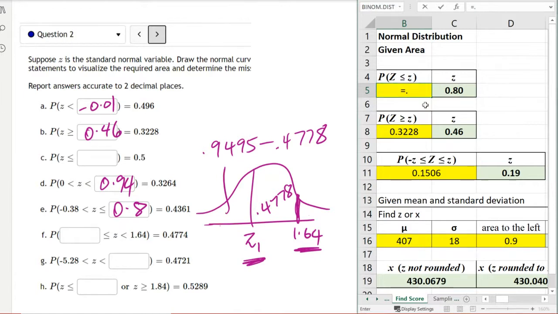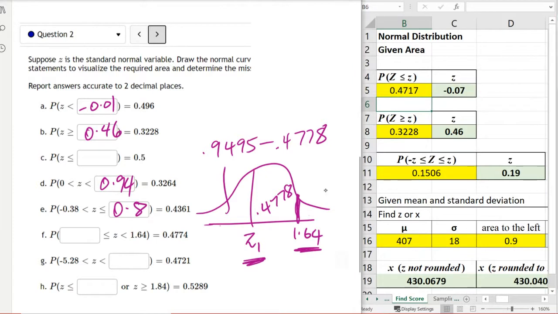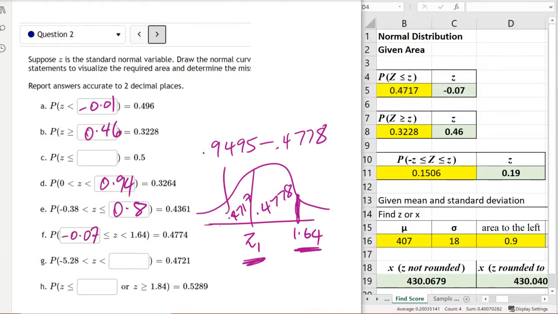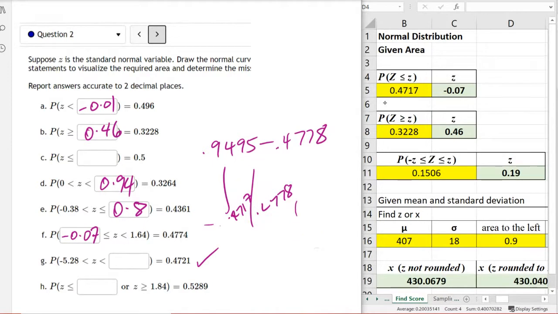So it's going to be 0.9495 minus 0.4778. And that will give us 0.4717. Okay, and that would be the area, and the corresponding Z value there is negative 0.07.